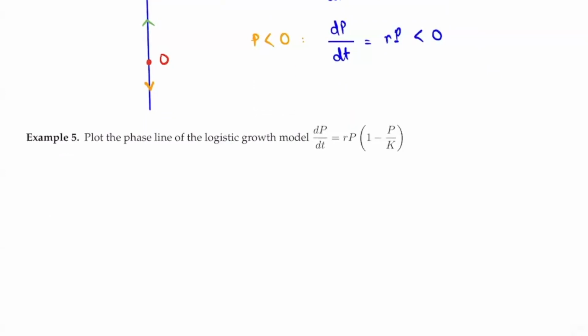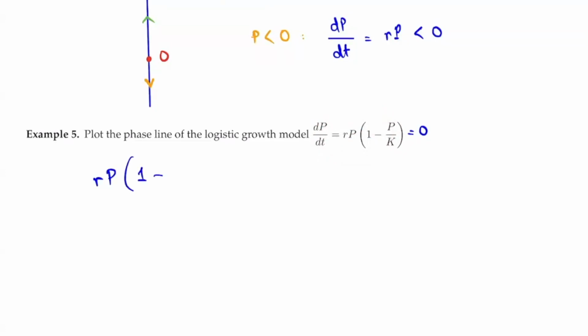Now for the logistic growth model, the first thing you need to do is find the critical points or equilibrium solutions. Then you're going to draw the phase line with similar analysis. So this is an autonomous differential equation because there's no explicit value of t on the right-hand side. You set this equal to 0, and you're going to have two solutions.